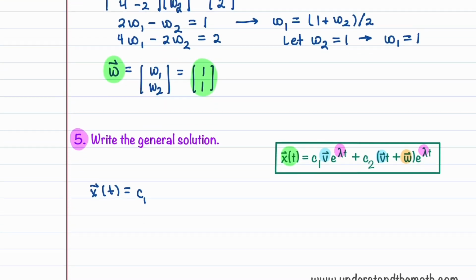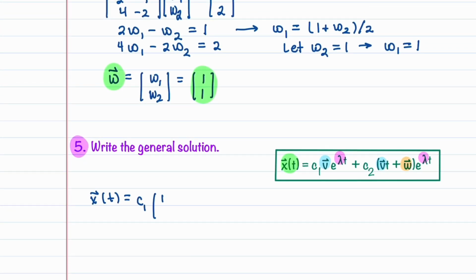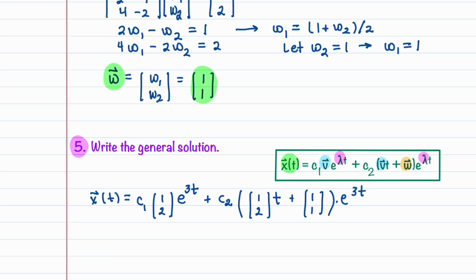It is 1, 2 times e to the lambda t. Lambda was 3, so we have e to the 3t. And now we're going to have a c2, and we're going to have our vector v again, 1, 2, that multiplies t. And then we're going to add on our vector w, which was 1, 1. And all of this gets multiplied by e to the 3t. And there's our solution.